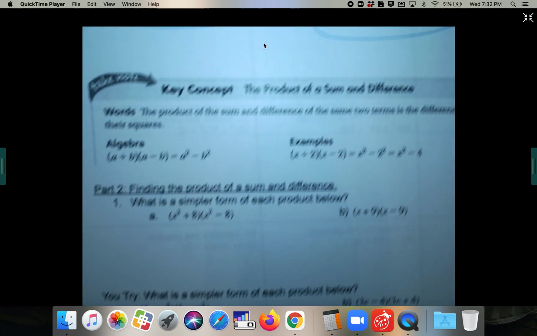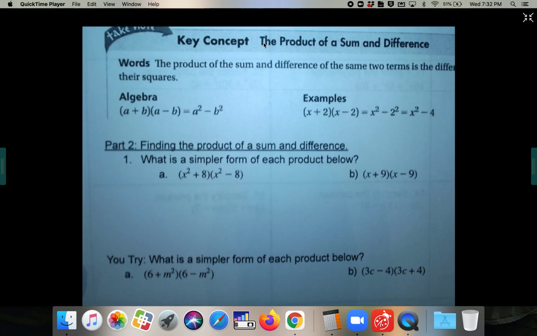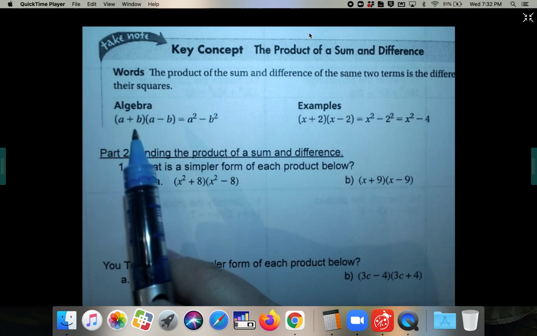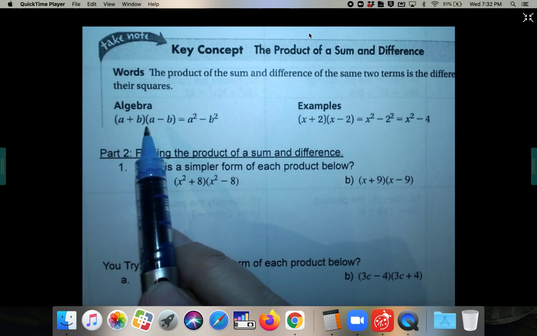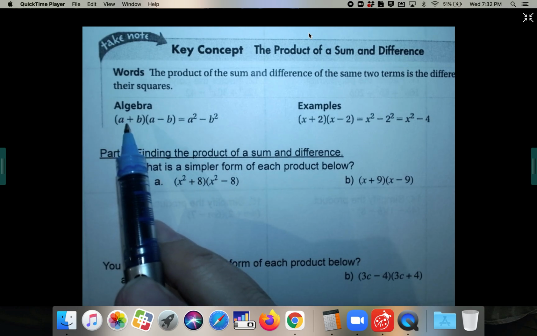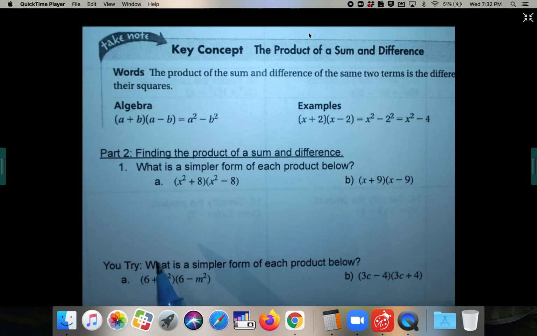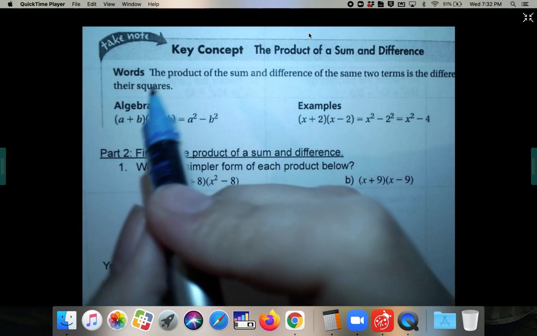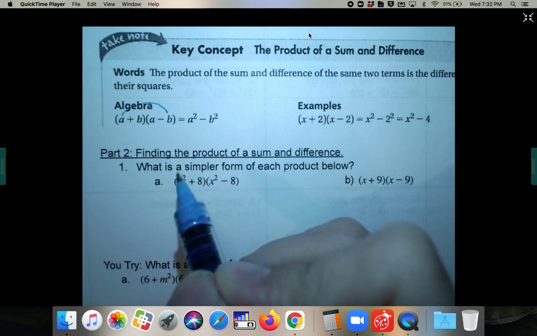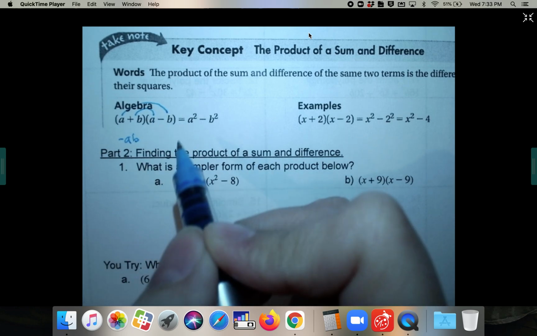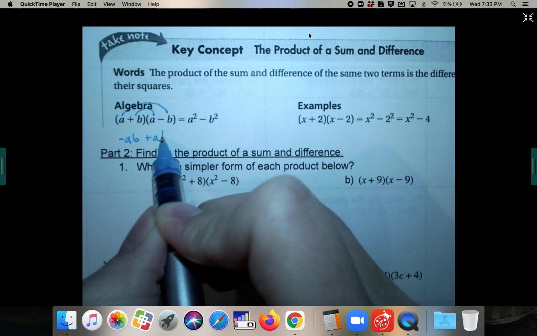Okay, the last and really, I think, kind of most interesting one is when you have two binomials that are opposites, like you have an a plus b and an a minus b, those middle terms, if you were to FOIL it, would completely drop out because they'd be opposites. So if you think about it, a times negative b is negative ab, and b times a is positive ab.